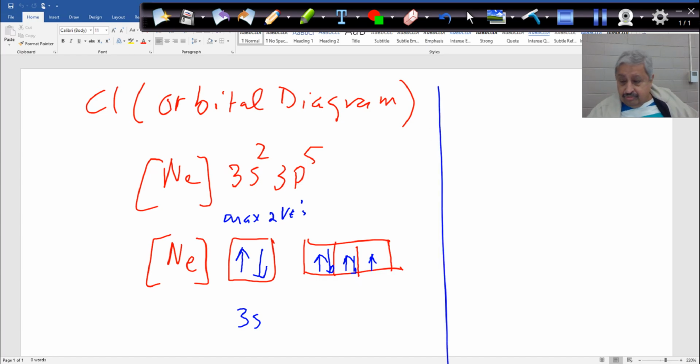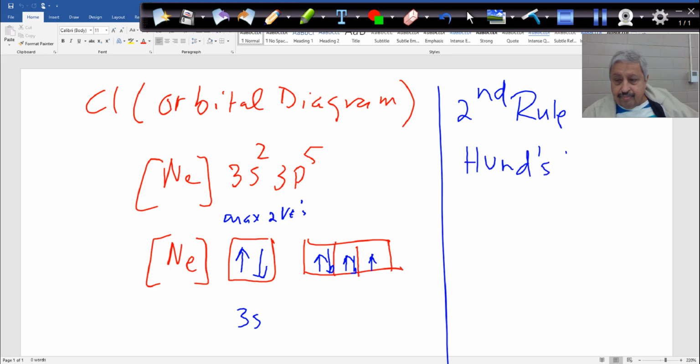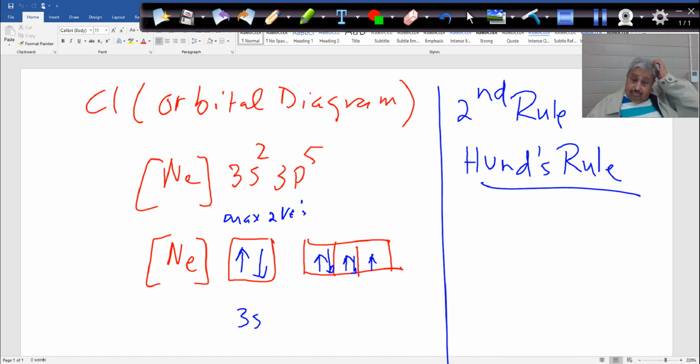Now the second rule here is called Hund's rule. Hund's rule will tell us that the electrons will go single, one electron at a time, and they are parallel to each other.